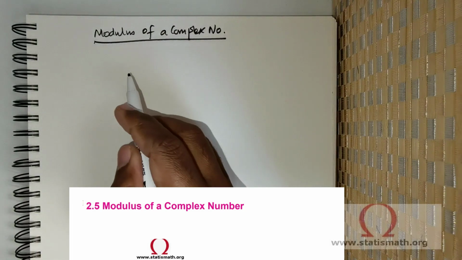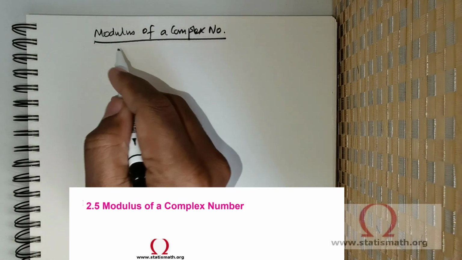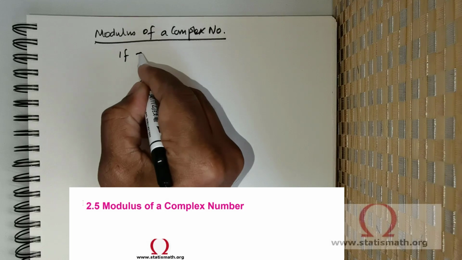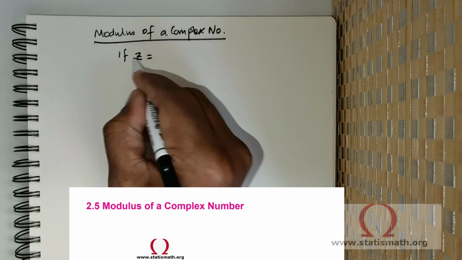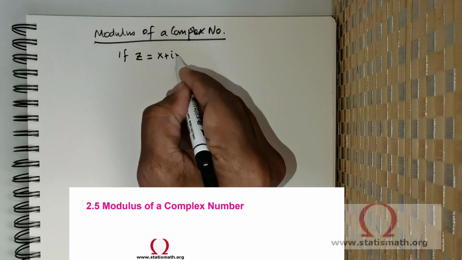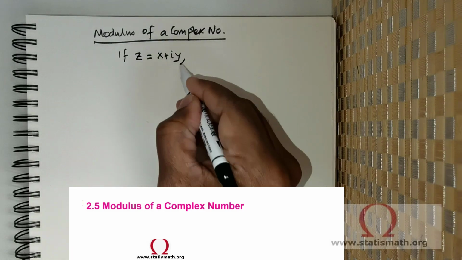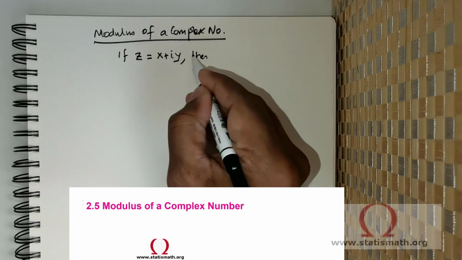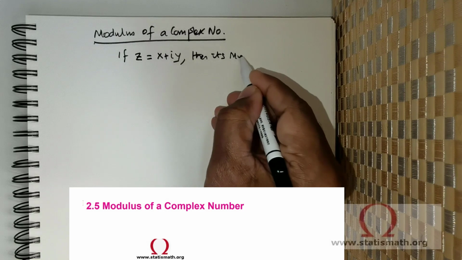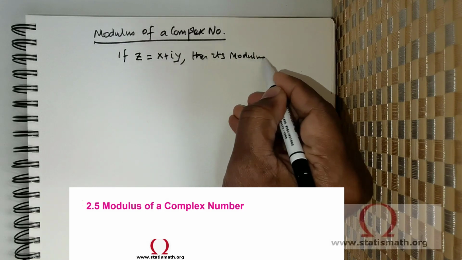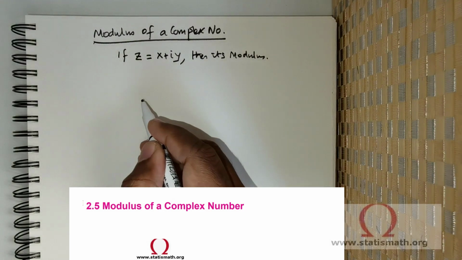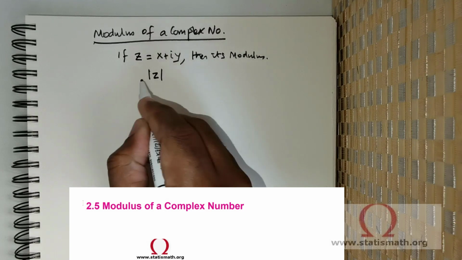Students, in this class we will be studying the modulus of a complex number. If you are given a complex number, say z equal to x + iy, then its modulus is defined like this.